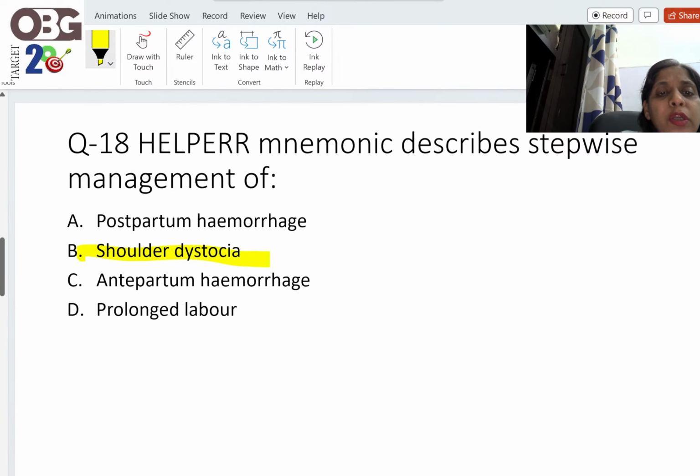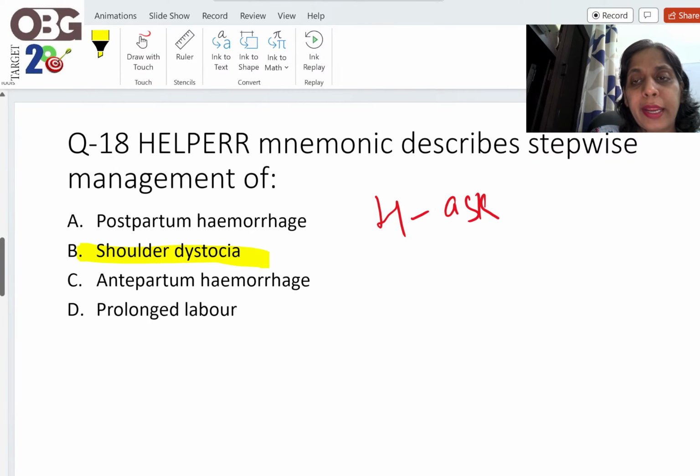HELPERR mnemonic is for shoulder dystocia. Can you tell me what the HELPERR mnemonic is? H stands for ask for help.